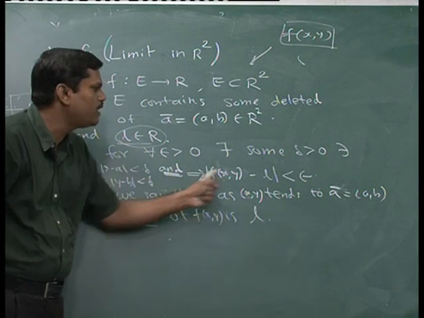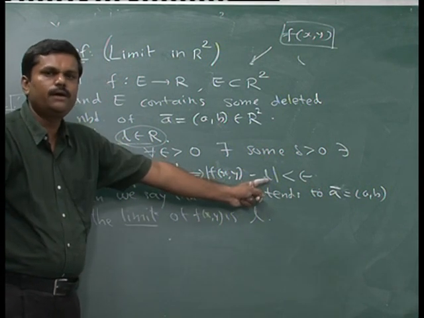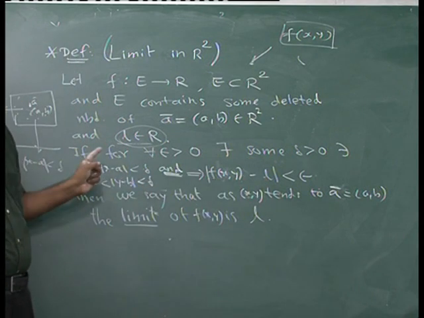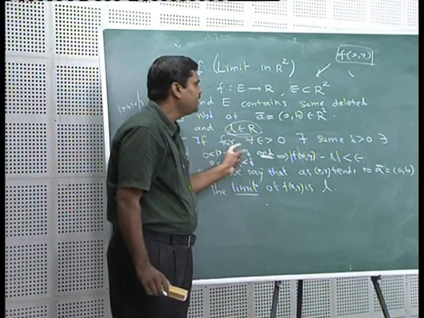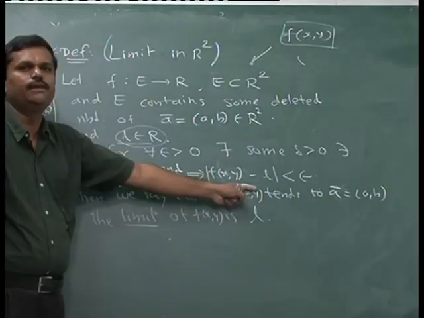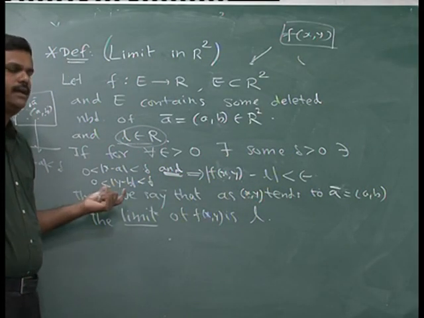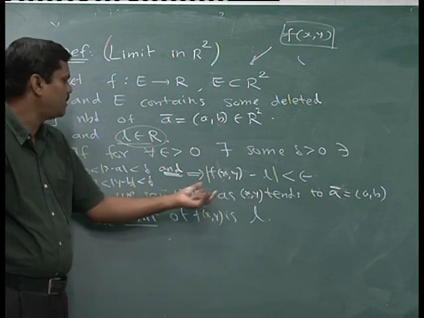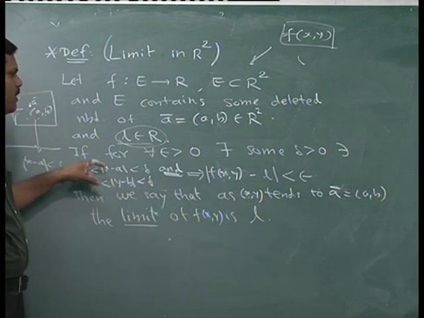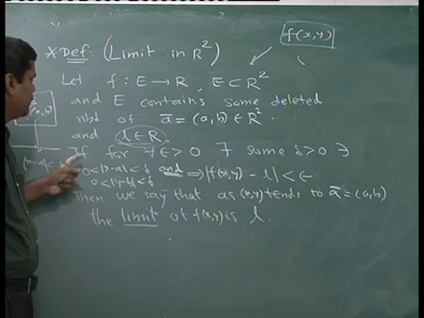Without this value, you cannot check this condition. This definition of limit will not help you find the value of the limit L, but if the limit L is given, then you can check whether that limit is true or not. So, given epsilon, if you can find some delta such that this and this.